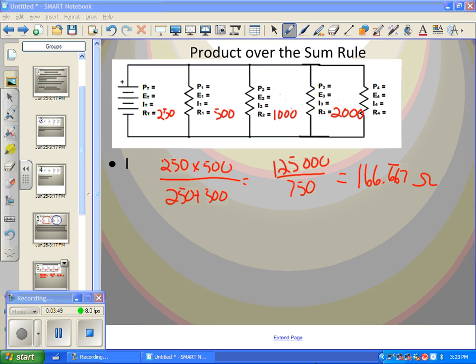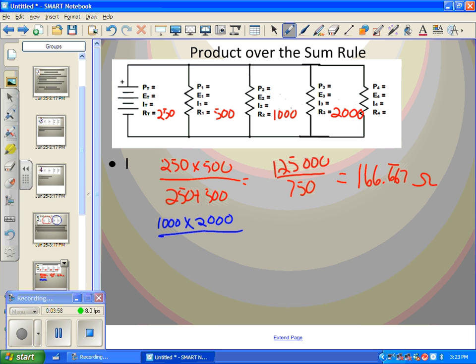Now we're going to do 1,000 times 2,000. This one's even going to be easier. Divided by 3,000 is equal to, that's going to be what, 200,000 or 2 million? 2,000 times 1,000 is equal to 20 million?